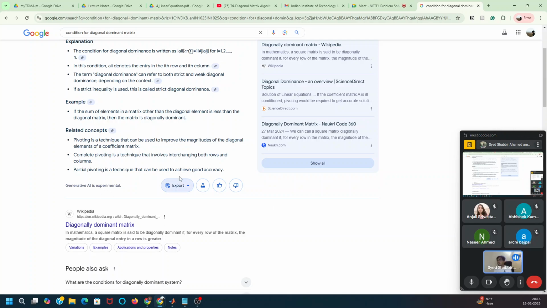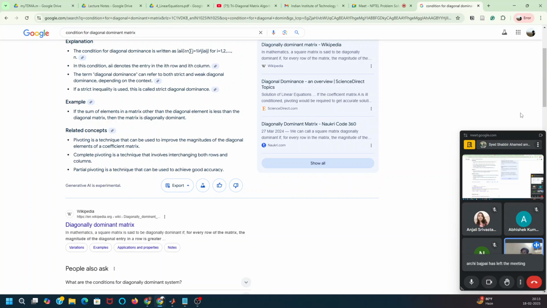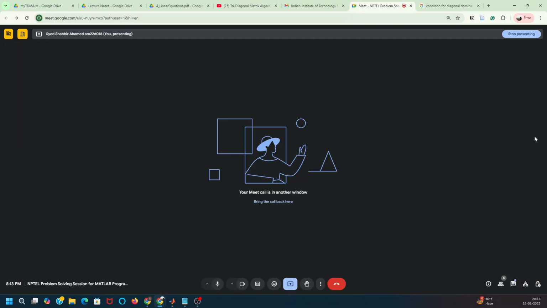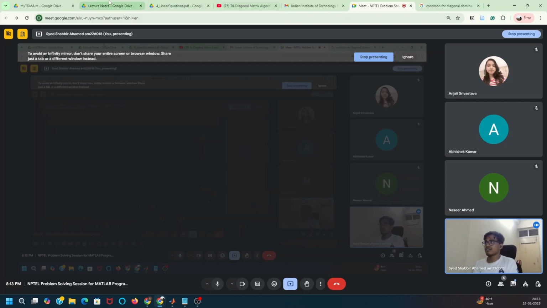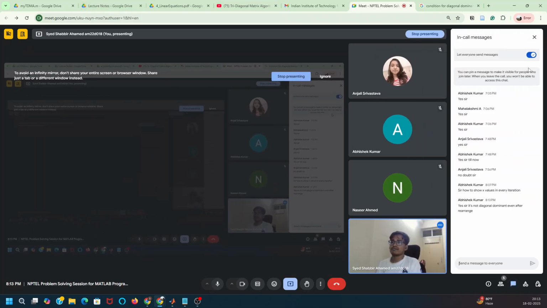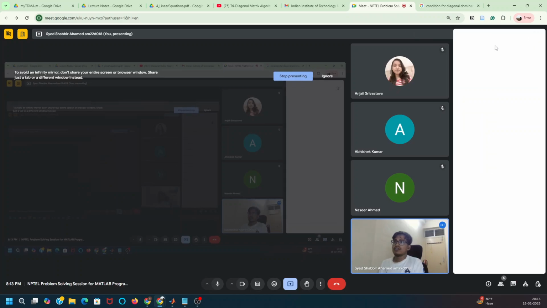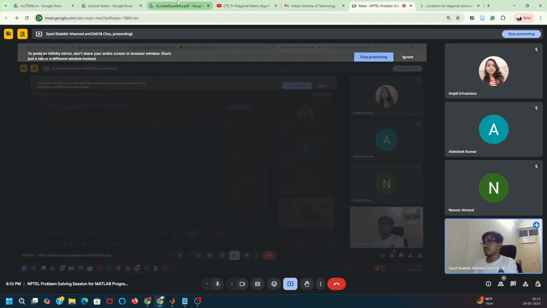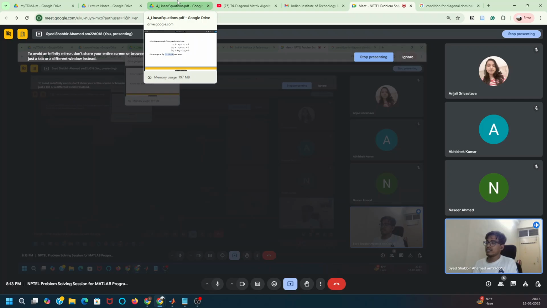So that's why I was saying that it is a sufficient condition. It's not a necessary condition, that only if you have a diagonally dominant matrix will you get the solution. But it is a sufficient condition.